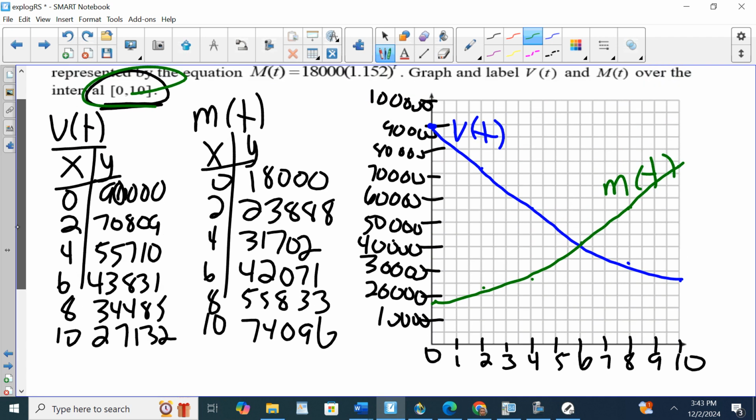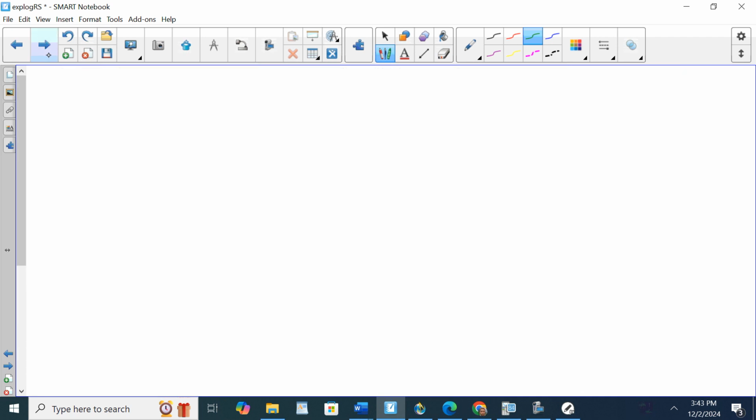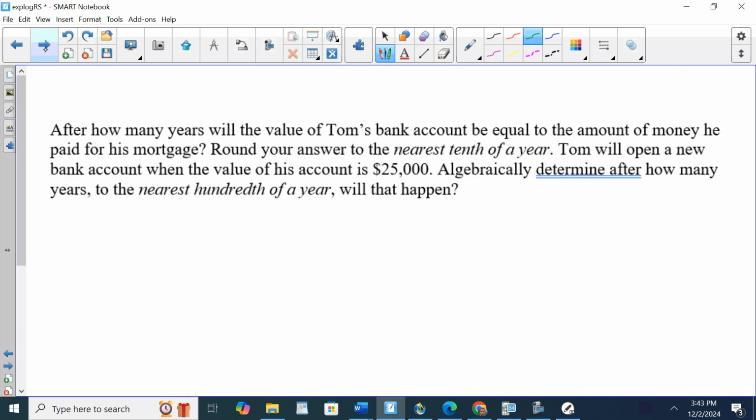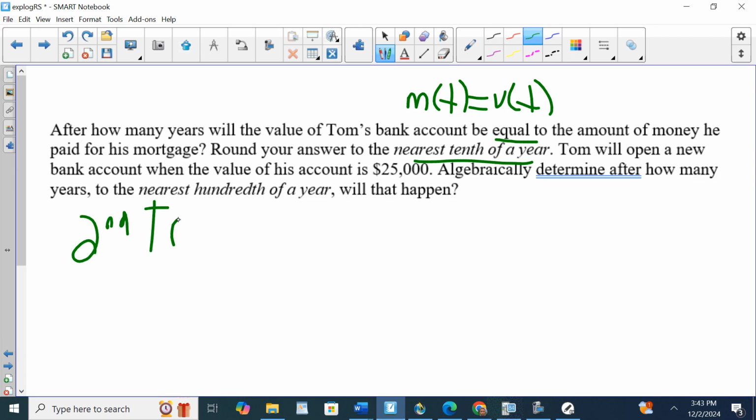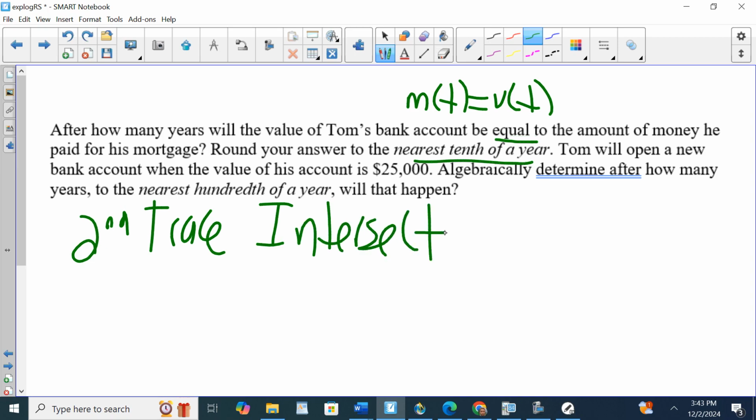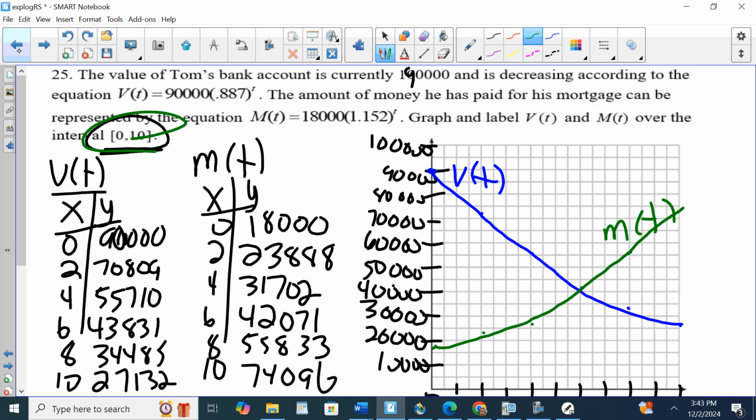All right, now some follow-up questions. The first follow-up question is almost always equal or same, or M of t equals V of t. Intersection to the nearest tenth of the year. So, second trace, intersect. I don't already have it. I can cheat off of my graph here.